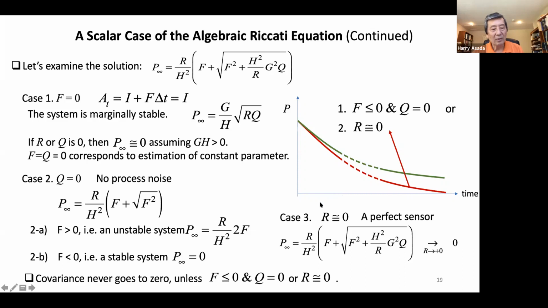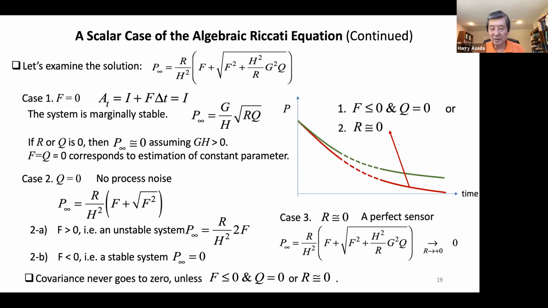Anyway, the covariance matrix P never goes to 0 unless F is stable or marginally stable, and Q equals 0, no process noise, or you have almost perfect sensors. Up to this point is the algebraic Riccati equations.